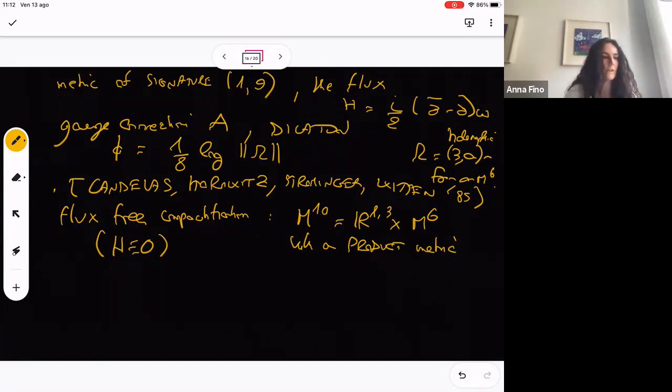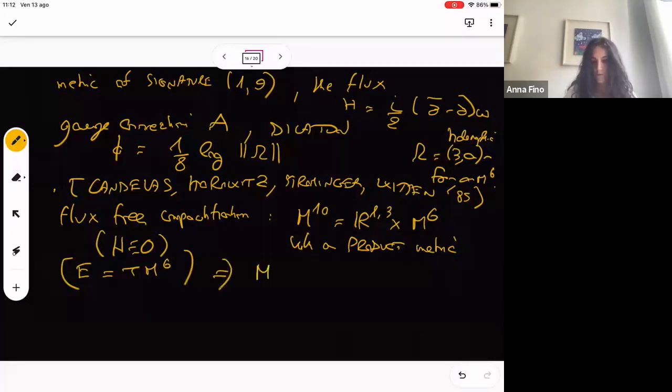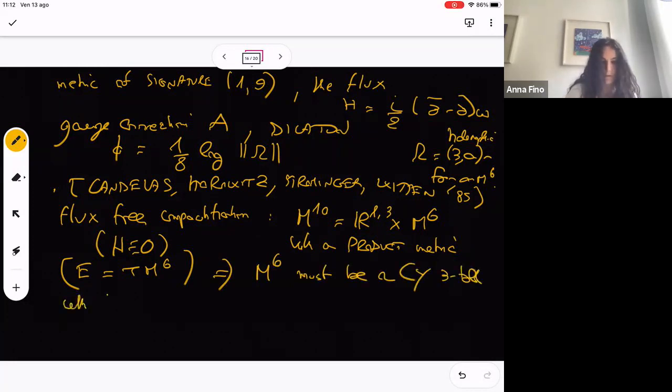What they show is that you can take the product metric, which corresponds to the tangent bundle of M6. And what turned out from physics is that M6 must be a Calabi-Yau 3-fold with Kähler Ricci-flat metric.